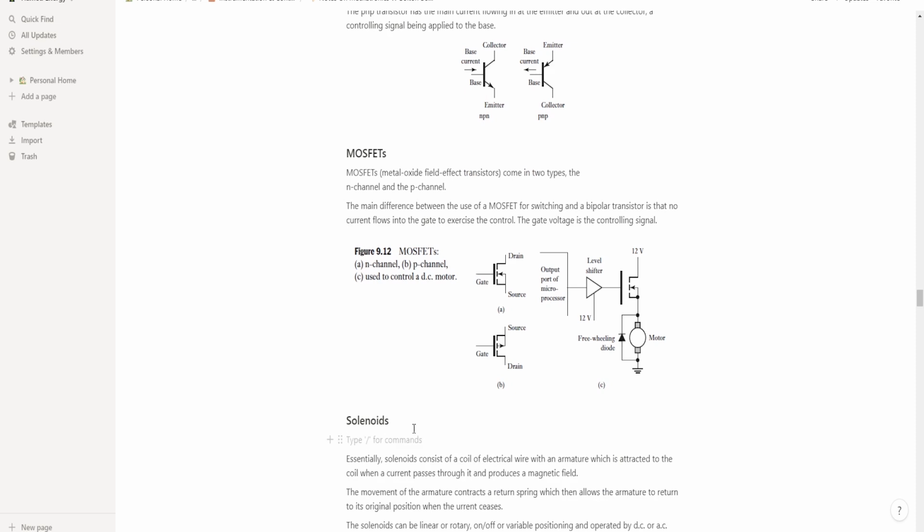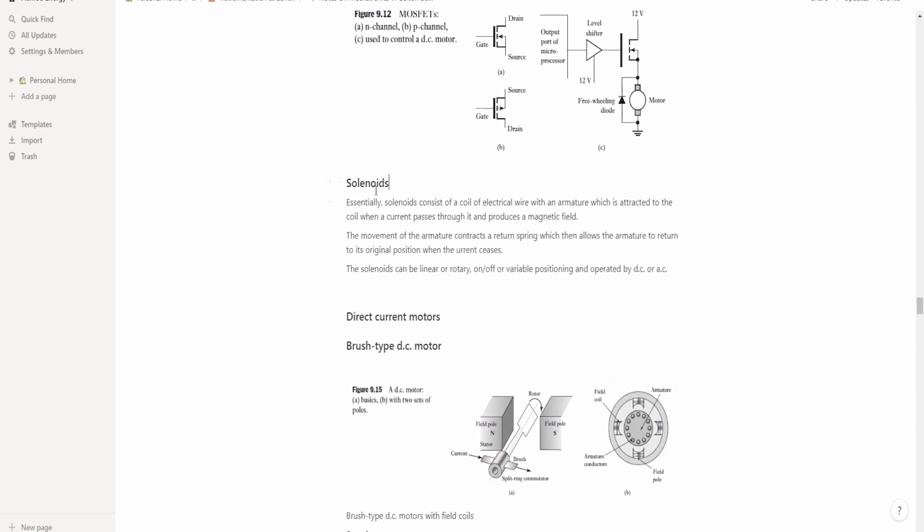If I'm able to say to somebody that solenoids consist of a coil of electrical wire with an armature, which is attracted to the coil when a current passes through it and produces a magnetic field, I'm just recalling one sentence, right? If I can recall that in a lecture, people think this guy's amazing. And it's not amazing. It's a bit of work.